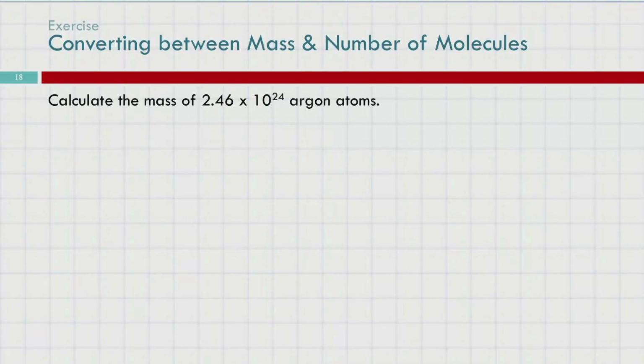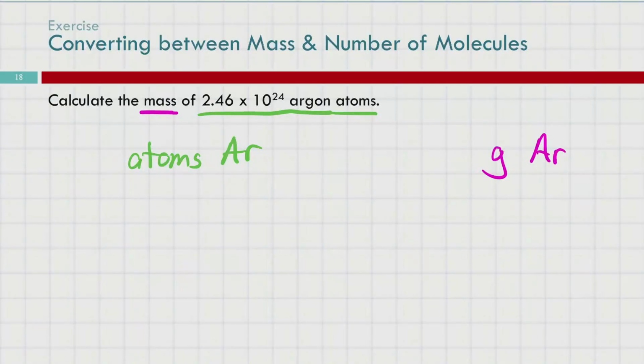All right. So we are calculating the mass of 2.46 times 10 to the 24 argon atoms. So we're starting with atoms Ar going to unit of mass, grams Ar.